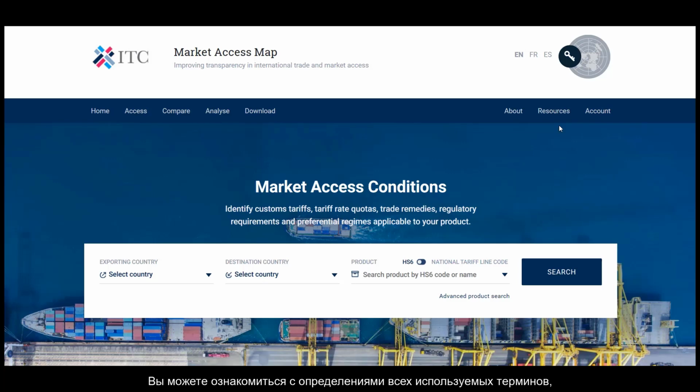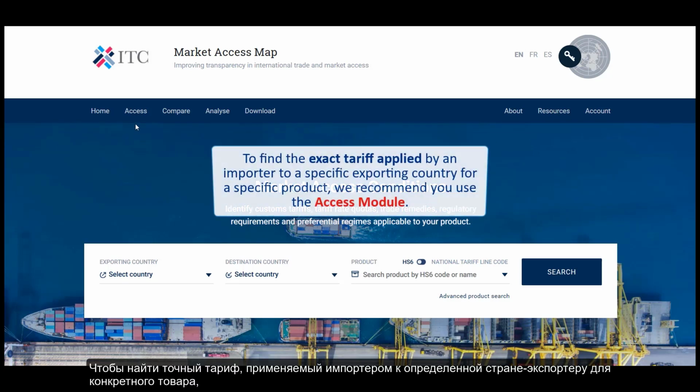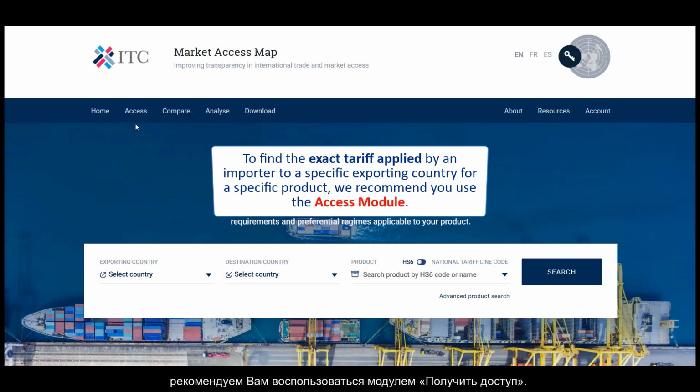You can delve into the definitions of all the terms used and further explanations on their implications to your market research activities. To find the exact tariff applied by an importer to a specific exporting country for a specific product, we recommend you use the Access module.